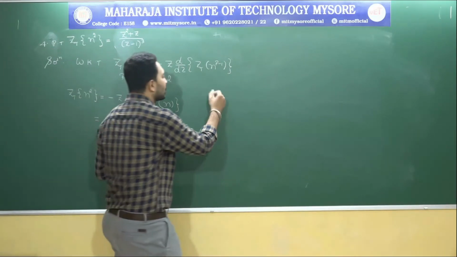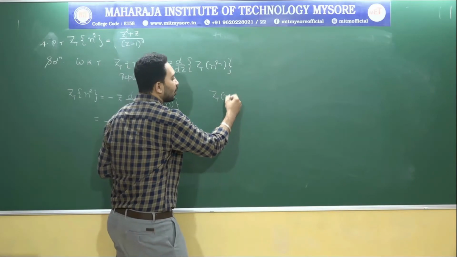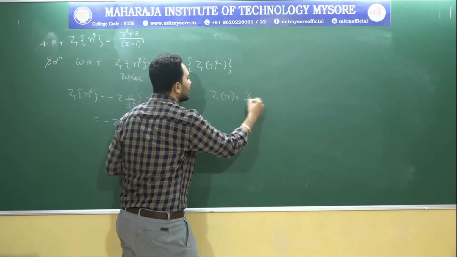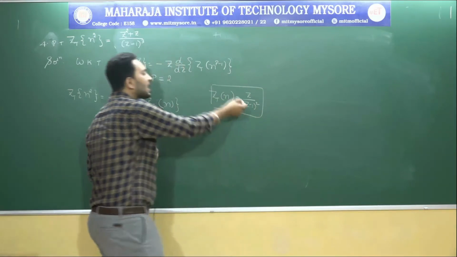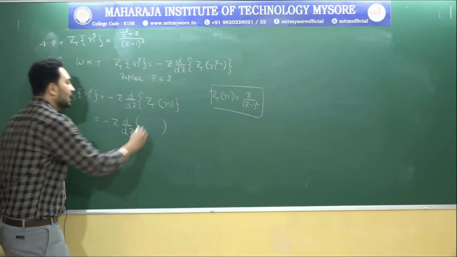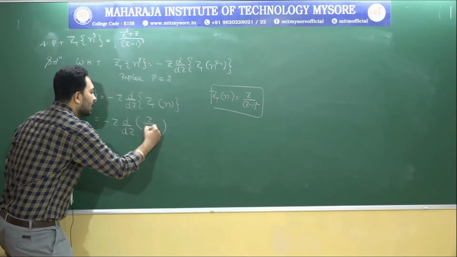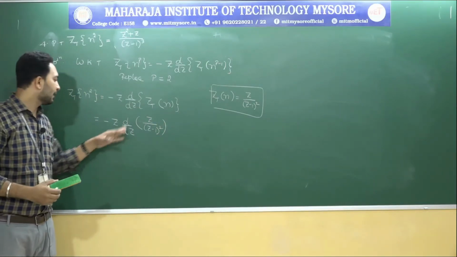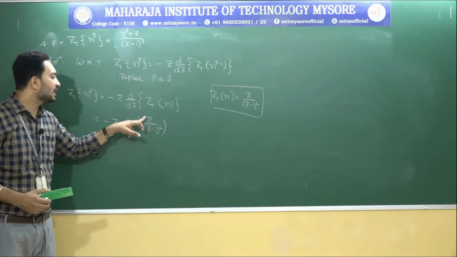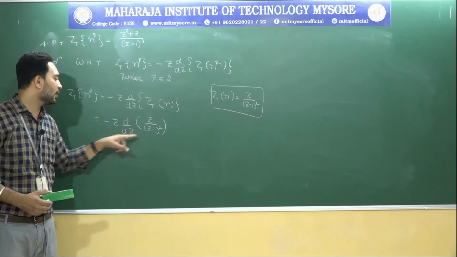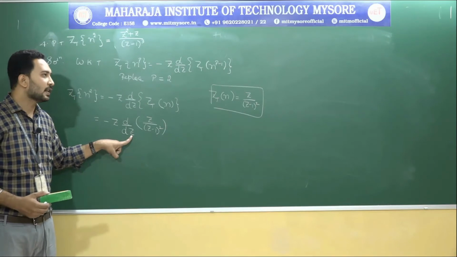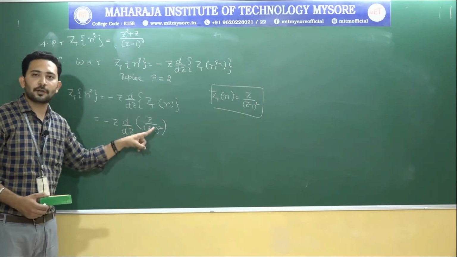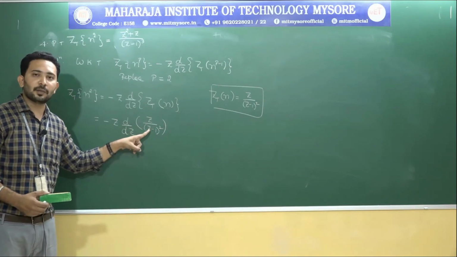So what is the z transformation of n? The z transformation of n is z divided by z minus 1 whole square. So we need to apply this here. Next we have to differentiate z divided by z minus 1 whole square with respect to z. This is in the form of the quotient rule, that is the u by v method.